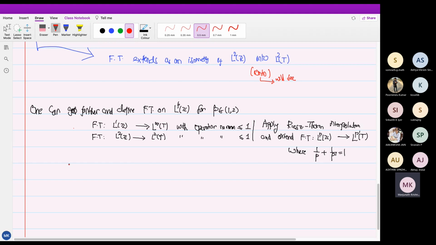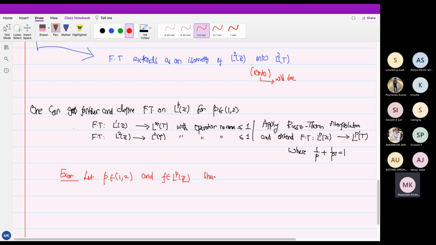So let me give an exercise of a different way to do it. Take a p in 1 to 2 and f in LP of Z. Actually, this is very general, but let me write in the context at hand.